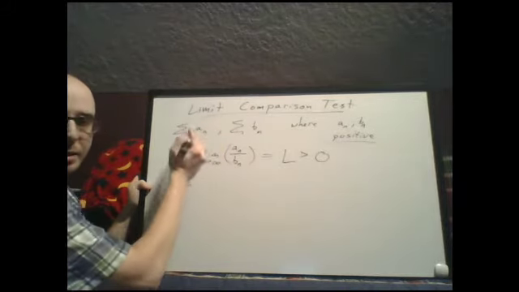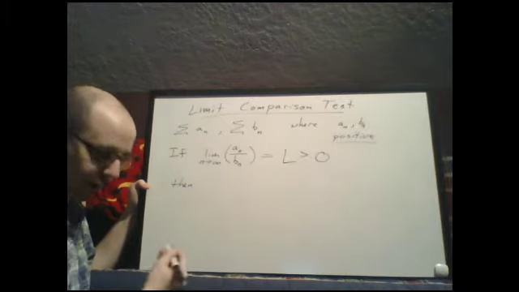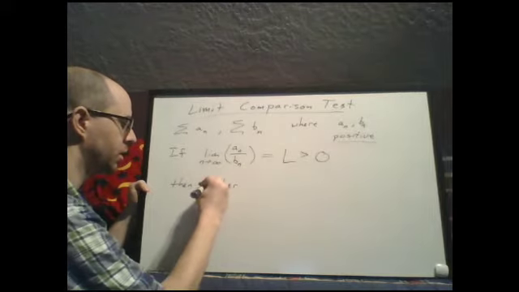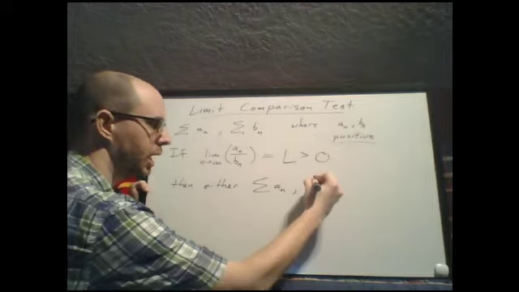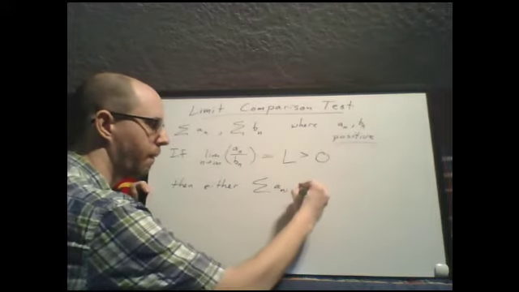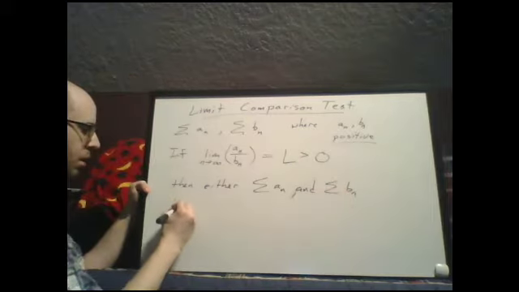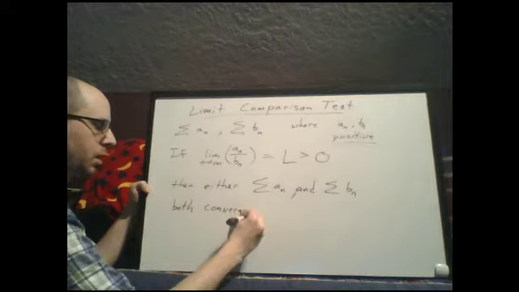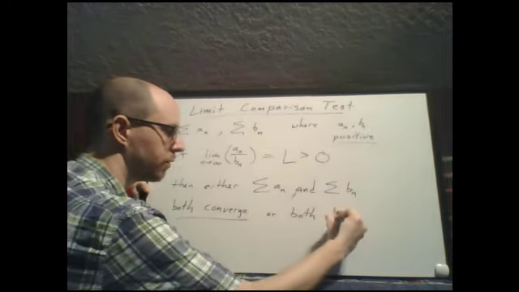Basically, the series have the same behavior. Either they both converge or they both diverge. So either summation a_n and summation b_n both converge or both diverge.